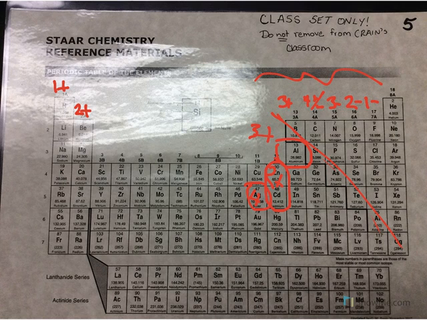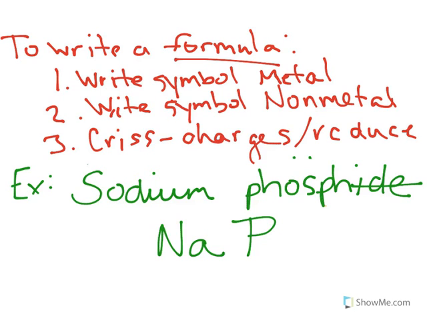Phosphorus is in group 15, so it's a 3 minus charge. So we're going to pick up this 3, put it on the sodium. The 1, we pick it up, but we don't actually write 1s. So this formula would be Na3P.